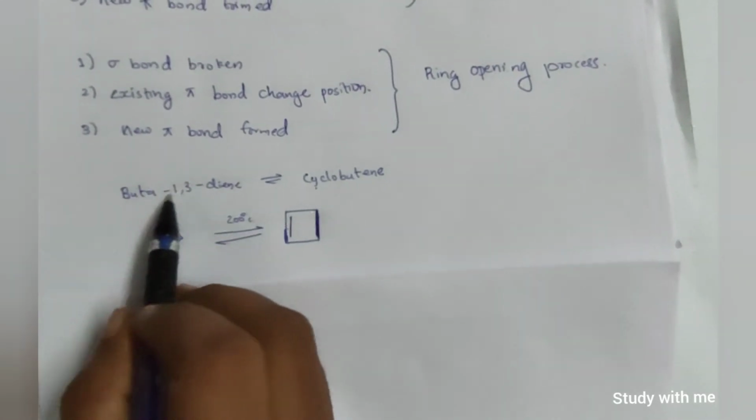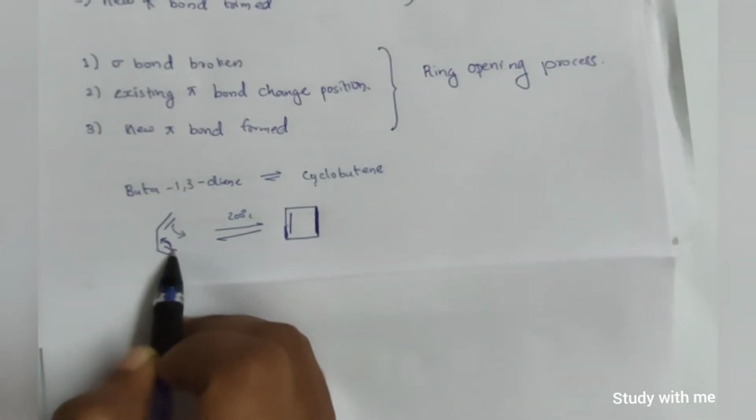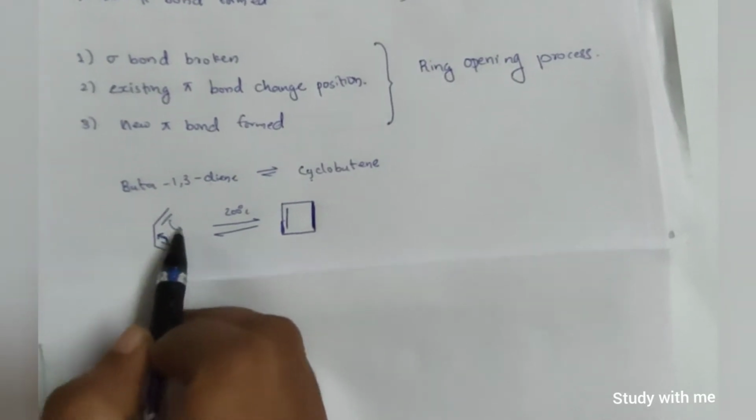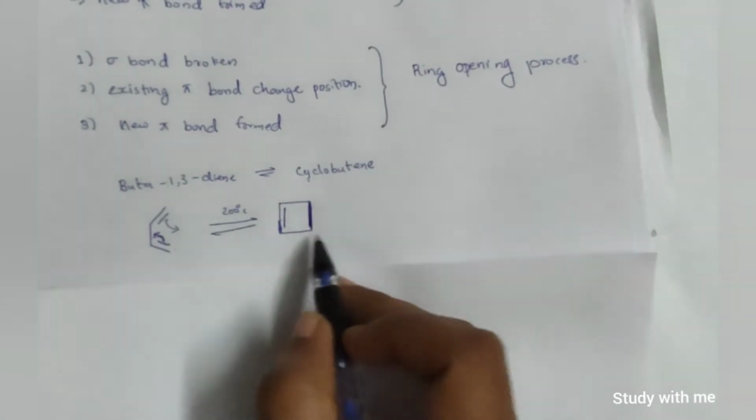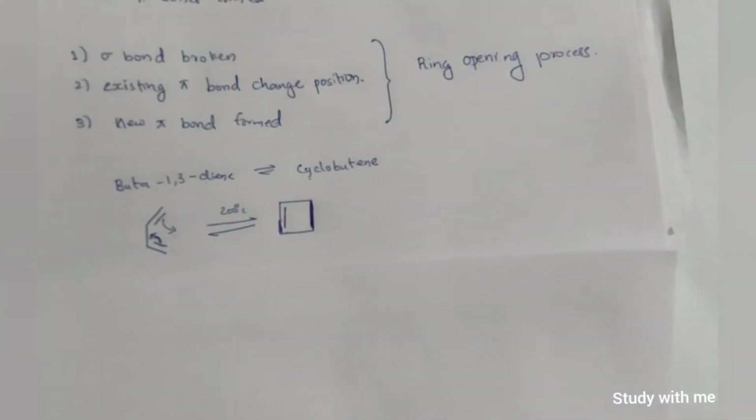And this was the buta-1,3-diene, and this double bond goes to here, and this double bond goes to form a cyclic ring, so this becomes a cyclic one.